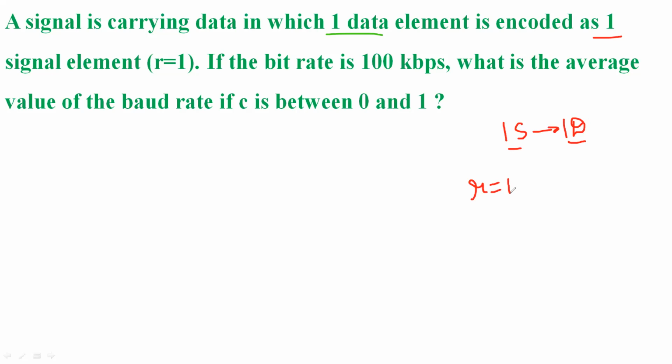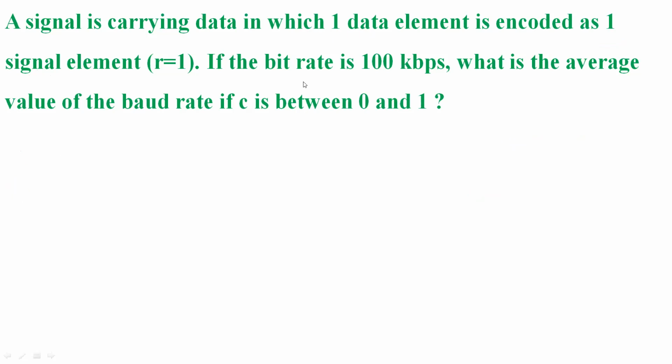A ratio is defined as the number of data elements carried by a signal element. Here one data element is carried by one signal element, so the value of R is 1.